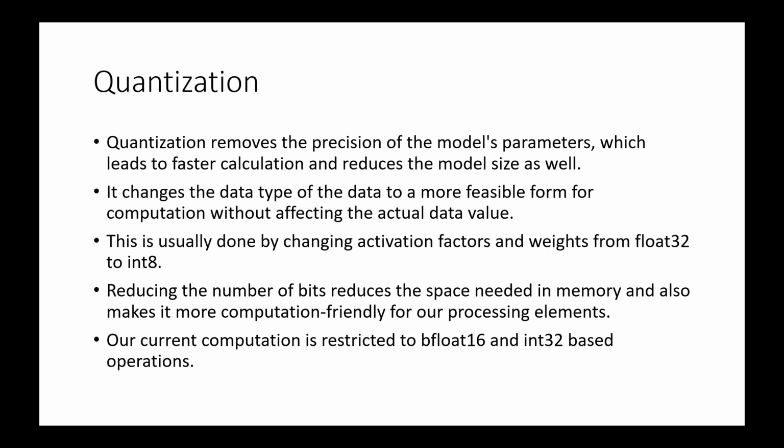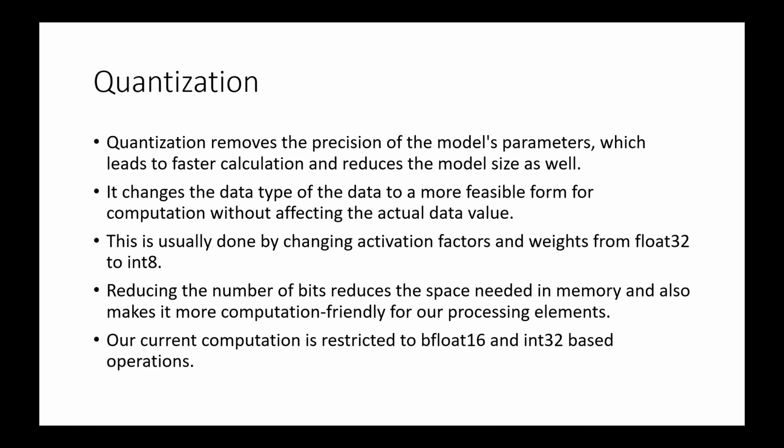The other step we can do is quantization. Quantization removes precision from the model parameters, which leads to faster calculation and reduces the model size as well. In this, we change the data type. For example, if it's bfloat32, we want to reduce it to something more tangible for our processing system.